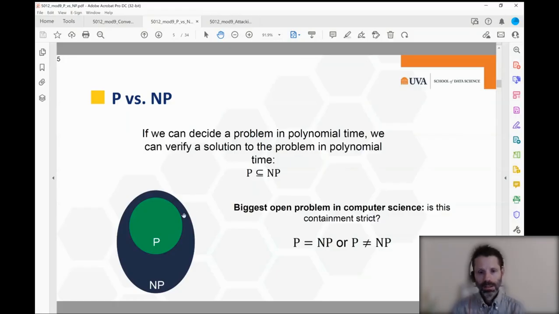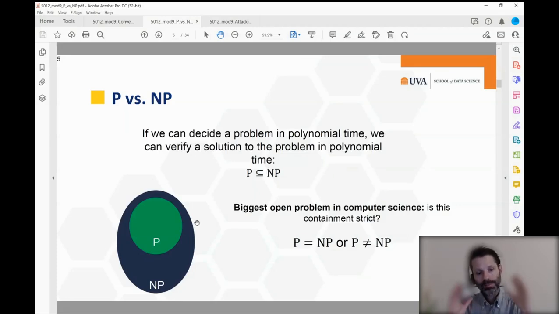And therefore we have a subset relationship. That is, P is a subset of NP. Those algorithms that can be solved in polynomial time can also be verified in polynomial time. However, we don't know whether this is a strict subset relationship or not. That is, it has not been shown whether P equals NP or not.